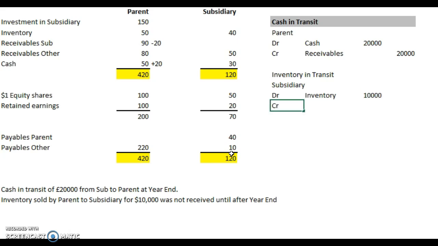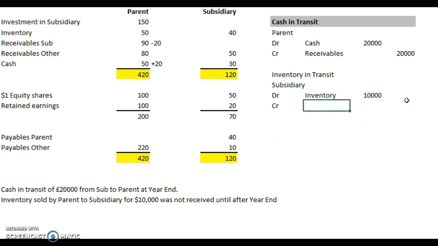And we're going to be crediting inventory sold. So if it's not in the warehouse, it won't be classified as under the ownership of the subsidiary. So the receivables, or rather the payables, won't have been recognized yet.